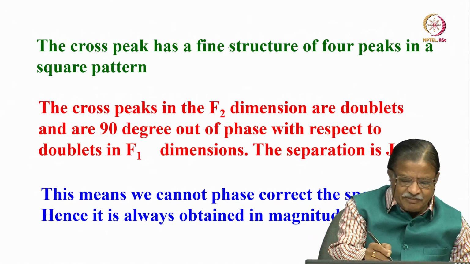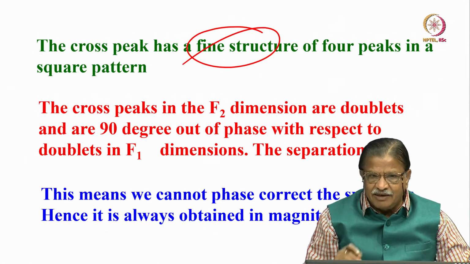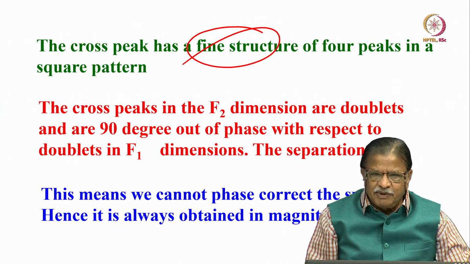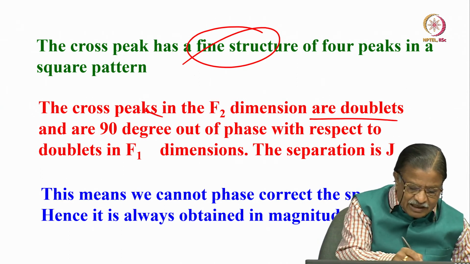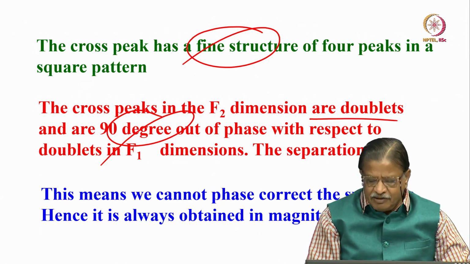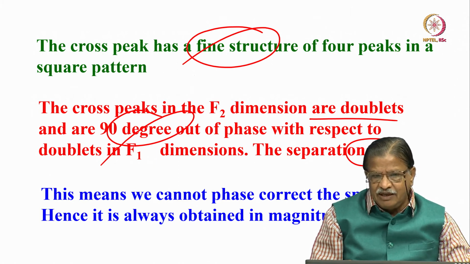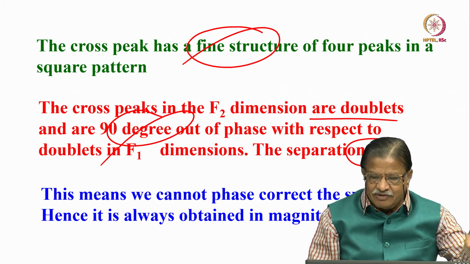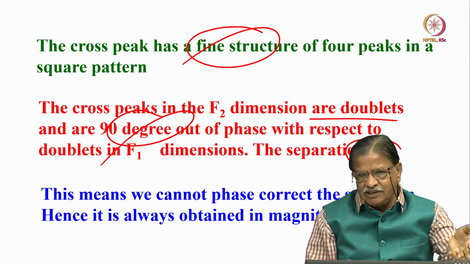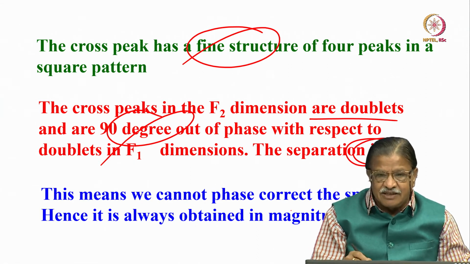So, that is why similarly cross peak has a fine structure, 4 peaks in a square pattern. Cross peaks in the F2 dimension are doublets that are 90 degrees out of phase with respect to F1. Similarly, in the other dimension also it is a doublet and is out of phase. Each one is a positive, negative peak antiphase doublet, and the separation in each case is always J.